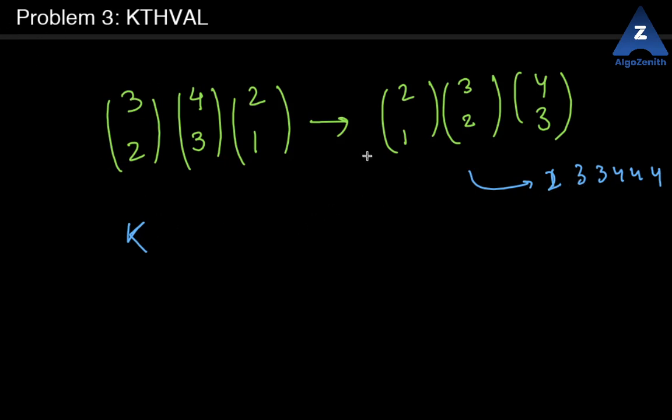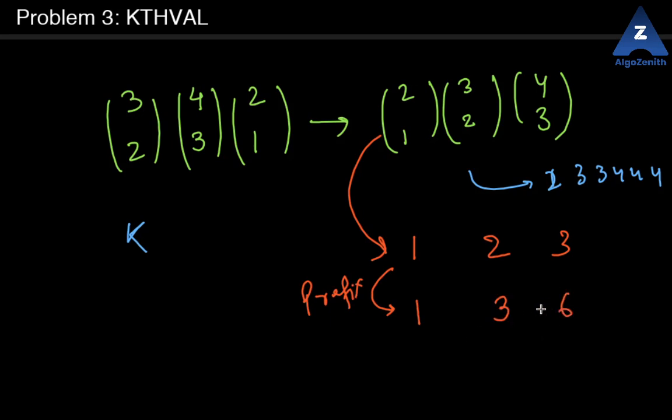So what we do is that in order to do this fast, rather than going in and searching the kth element in this linearly, we can create a prefix sum of the second values. So the second values are 1 2 3, right? So we build a prefix sum, that is 1 3 6.